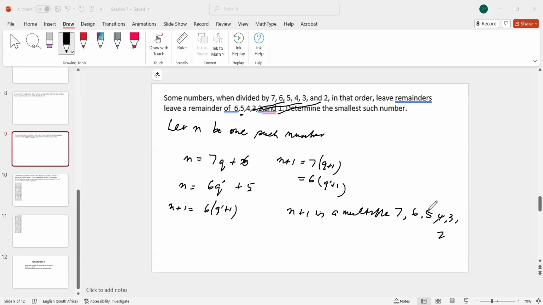So n plus 1 is a multiple of all of these. In other words, n plus 1 is a common multiple. It's one number which is a multiple of the whole lot: 7, 6, 5, 4, 3.